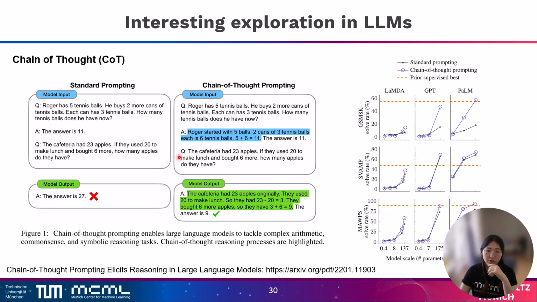So is there any research about this? Actually, there is one really famous paper about large language models called Chain of Thought. It is a paper from 2022, so three years ago. The paper compares two kinds of methods to let the large language model generate the answer. The first uses the standard prompt, directly letting the model generate the result. The other lets the model not just give the result, but also give the calculating process.